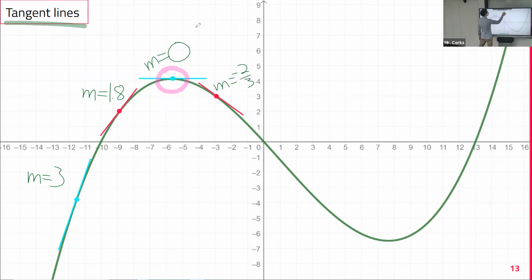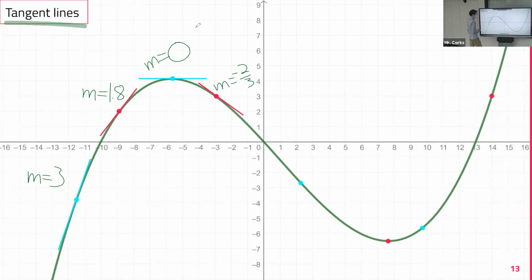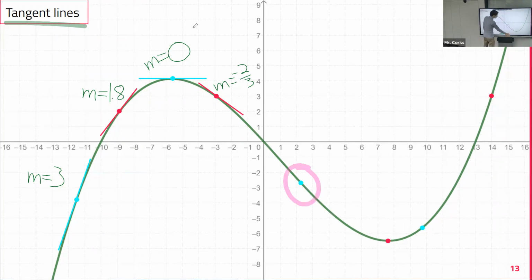So same idea for all of these other ones. Let's try that here with some more points. Let's start with this one. In your mind, draw that tangent line and then give me an estimate for the slope.